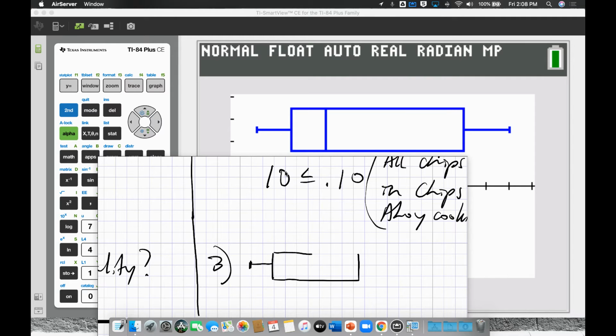Just sketch it the best you can. Doesn't have to be perfect.